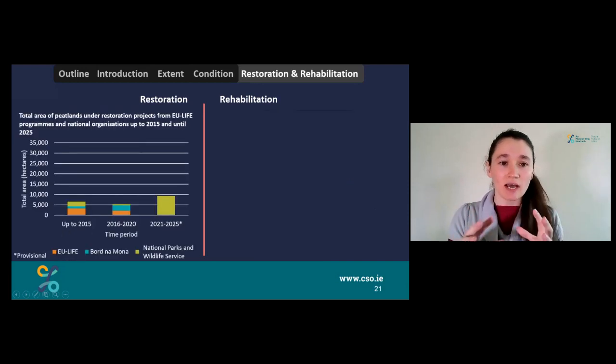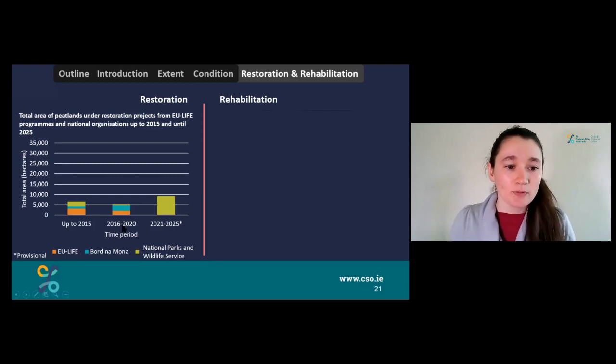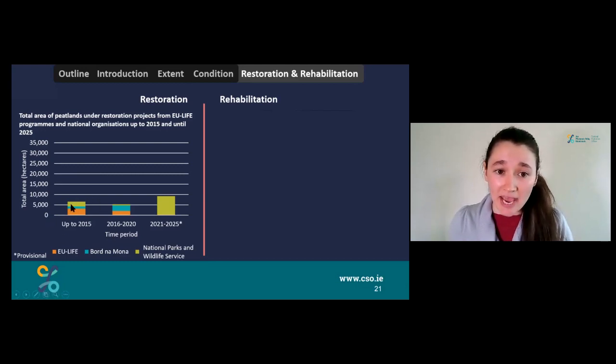Let's now have a look at the different numbers for restoration projects. Up to 2015, as you can see here, more than 7,000 hectares of peatlands have undergone restoration projects. The work has mainly been done by European projects called EU LIFE, but also the National Parks and Wildlife Service.